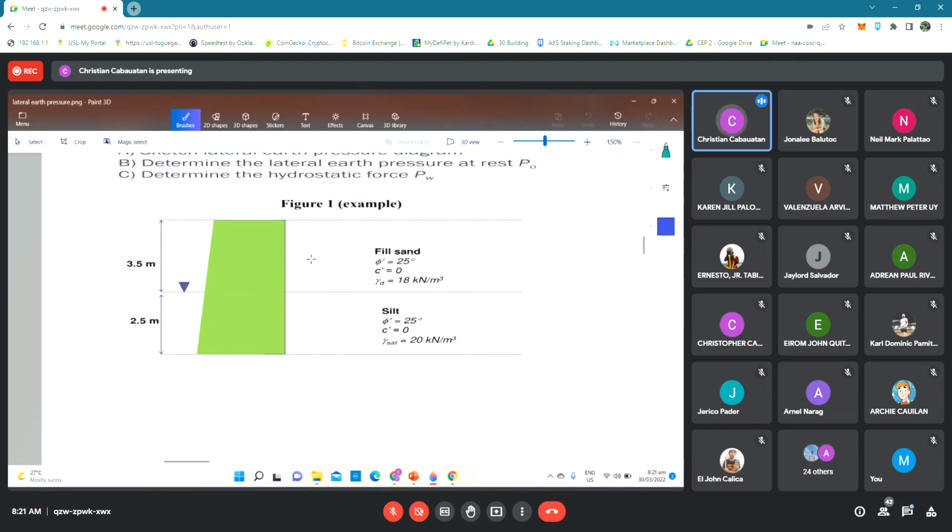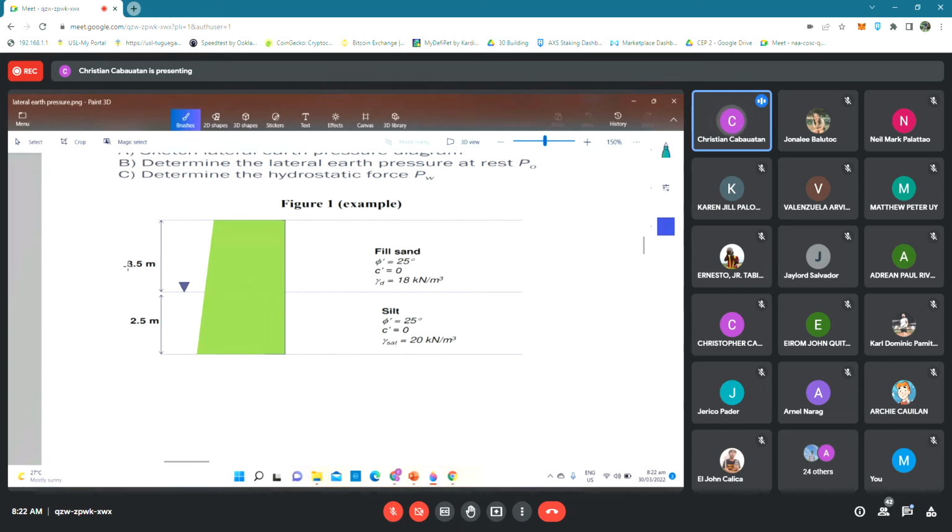There is a presence of your groundwater table, therefore it is silt. The internal friction is the same, 25 degrees, the cohesion is equal to zero, and the saturated unit weight is 20 kilonewton per cubic meter with a height of 2.5 meters.